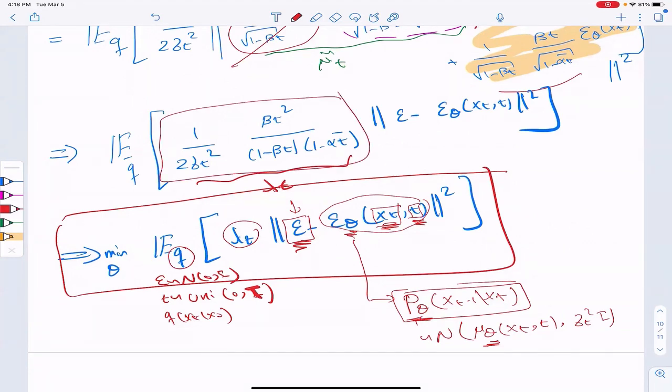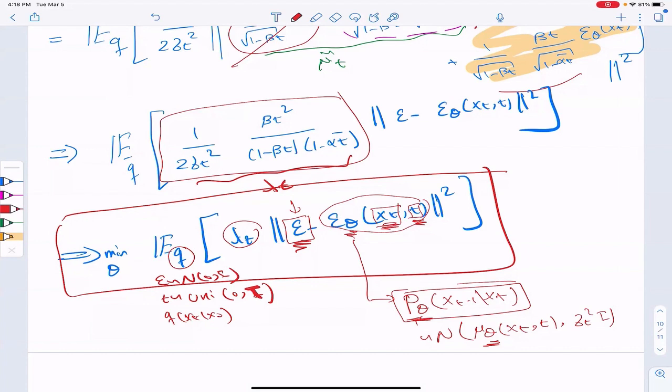Based on the betas, we have a very good way of computing this constant that can have basically different weights for different times. And it is justifiable because this is a particular form that comes from the variational lower bound.